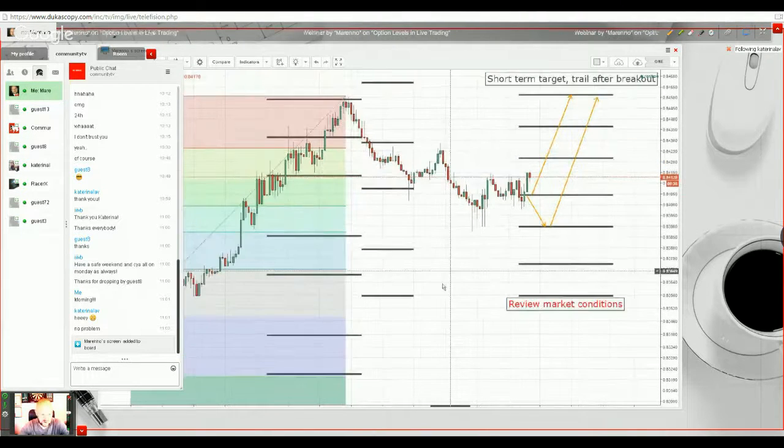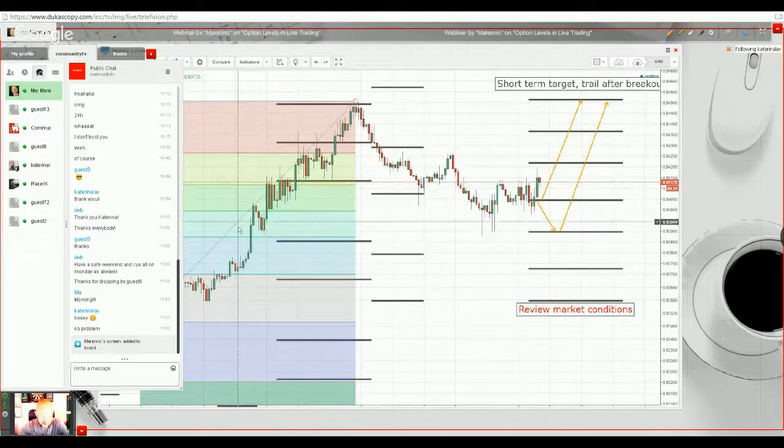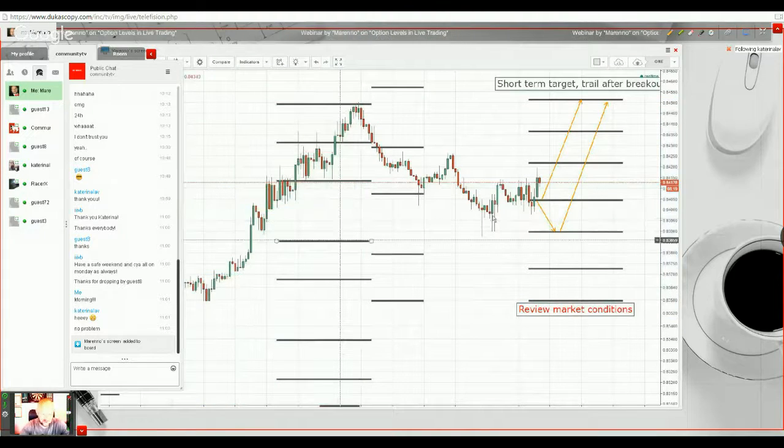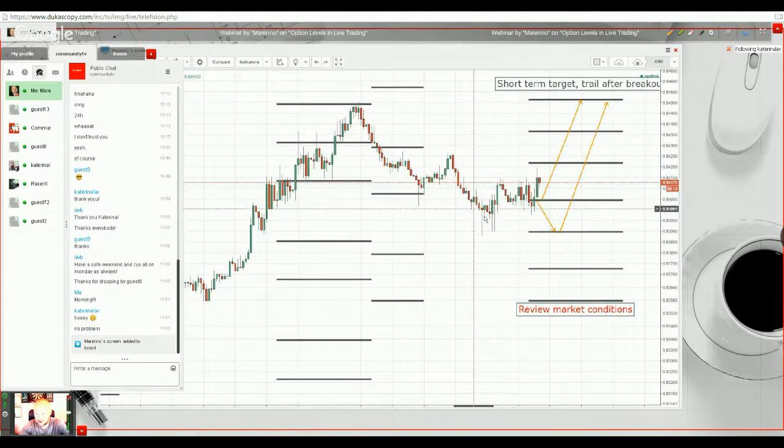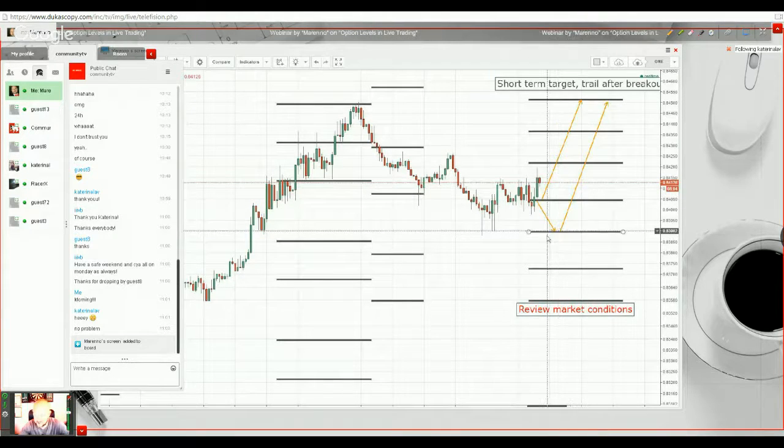I'm not going too deep into this, but you all know what it is. It just helps us to see that 50% is somewhere around here. And we do have two levels that are based on the current market situation. It's better to rely on them than on Fibos or something like this.